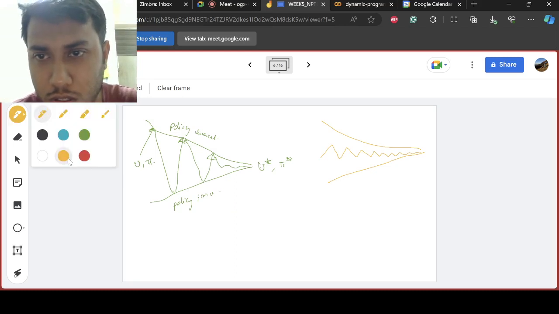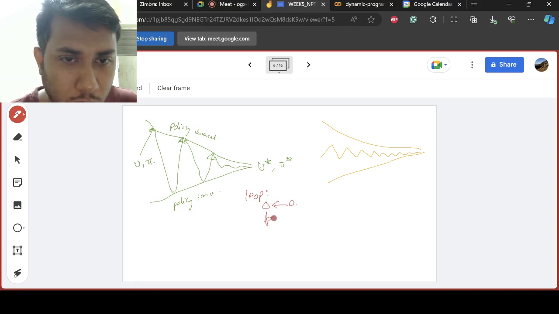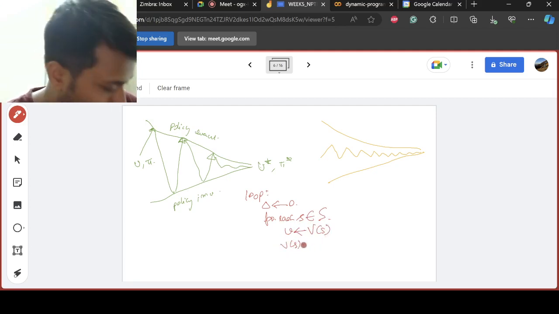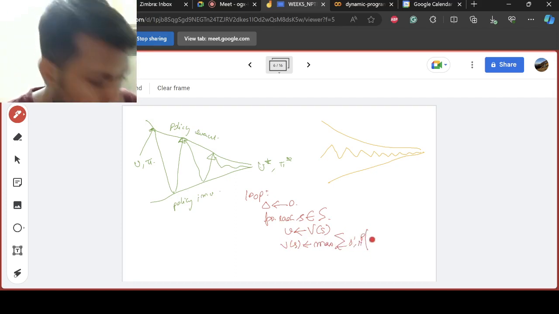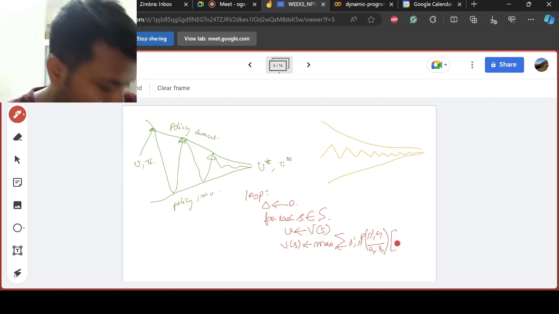What you will do is loop: delta is 0, for each s belonging to S, v is equal to V of s. V of s is max over a of the sum over s dash, r of p of s dash, r given s comma a, times r plus gamma V of s dash.